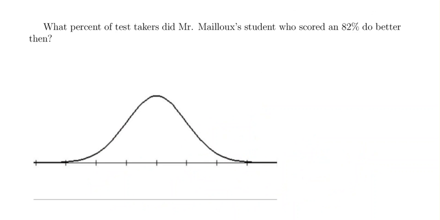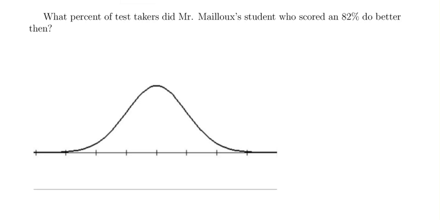So going back to that original question of what percent of test takers did Mr. Malo's students who scored an 82% do better than, we can start by labeling our curve here. And since our mean score we said was 76% with a standard deviation of 6%, then for this unstandardized curve I'm going to notate with this fancy little N. I'm going to put a 76 and a 6 here.